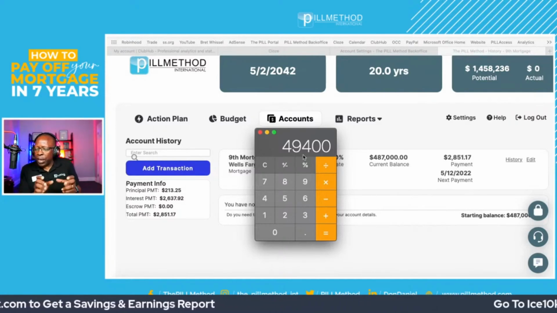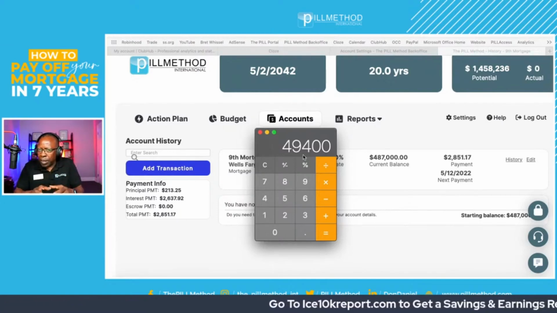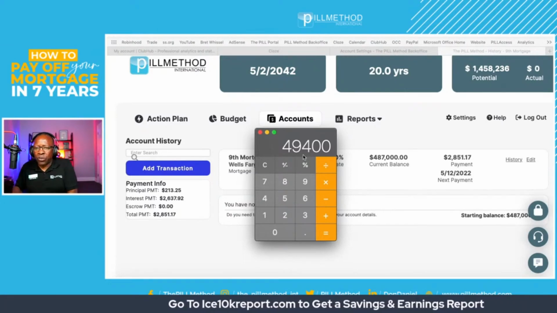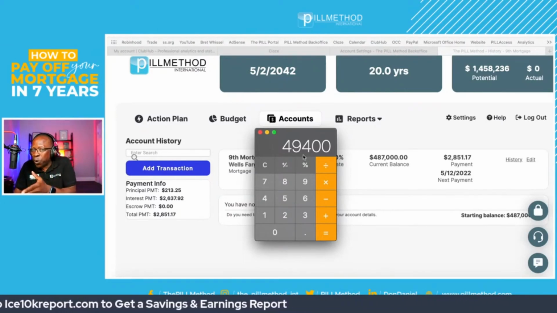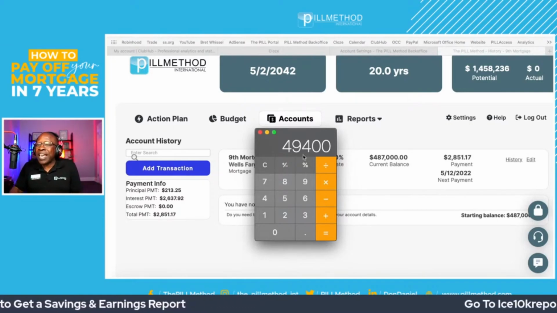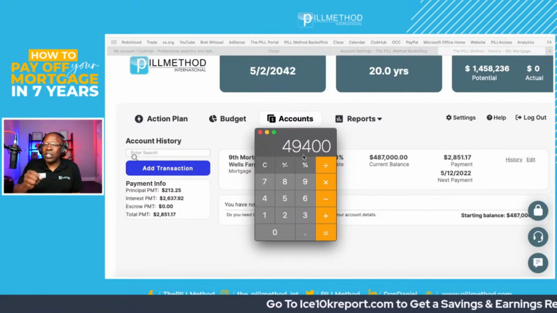So if we take the amount of principal that we're paying each month and divide it into the 4,000, I can take the small principal payment and divide it into the 4,000 many more times, because at the higher interest rate, the principal payment is smaller.